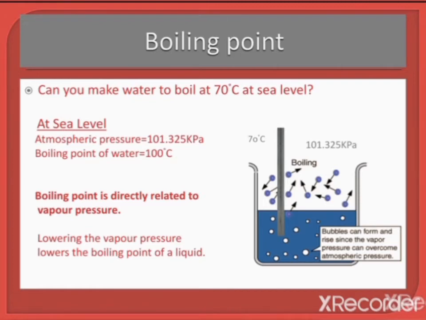Since boiling point is directly related to vapor pressure, therefore by lowering the vapor pressure, the boiling point of the liquid can be lowered. So in order to boil the water at 70 degrees centigrade, the atmospheric pressure should be less than 101.325 kilopascal or 1 atmosphere.